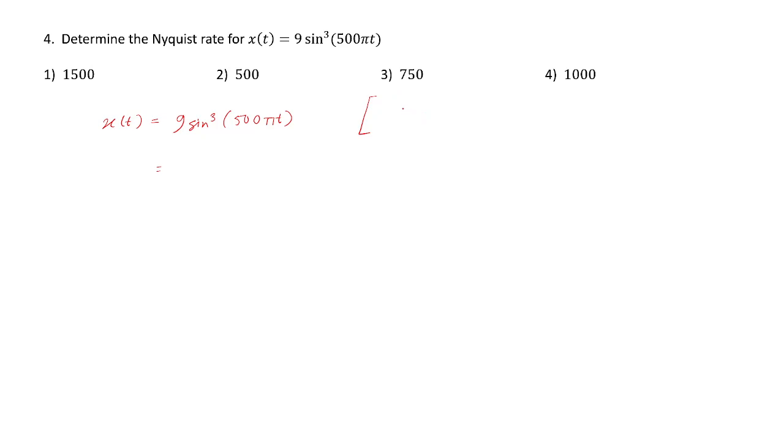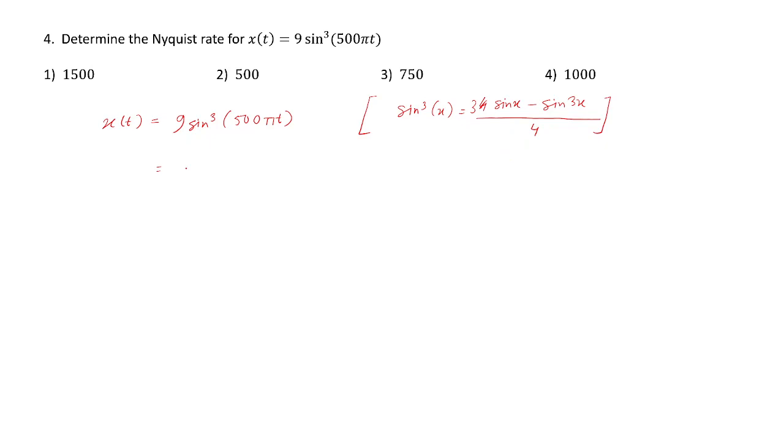Basically the formula, remember, sine cube x is given as 3 sine x minus sine 3x divided by 4, as far as I remember. If any of you remember it, just correct me if I am wrong.